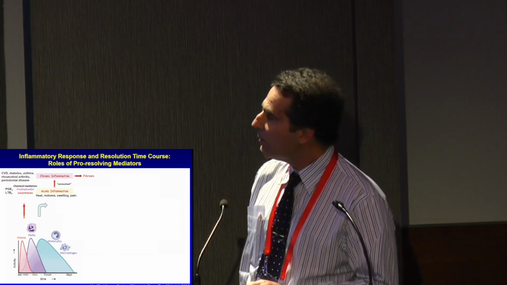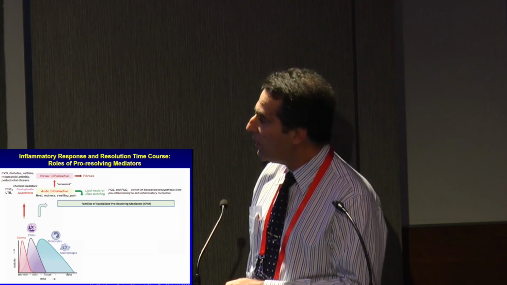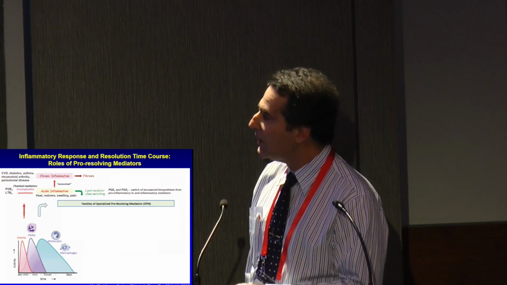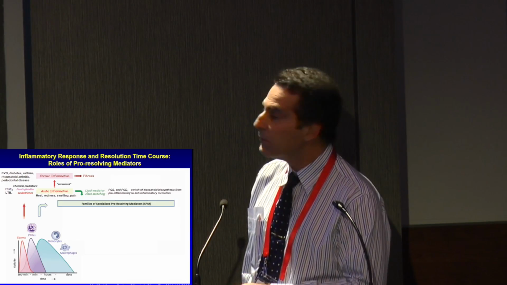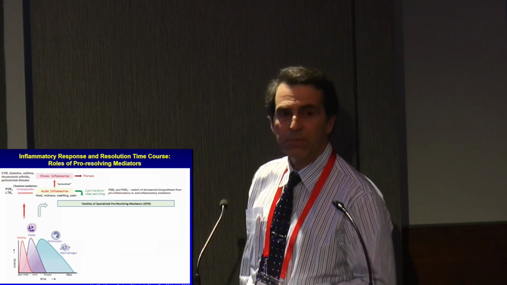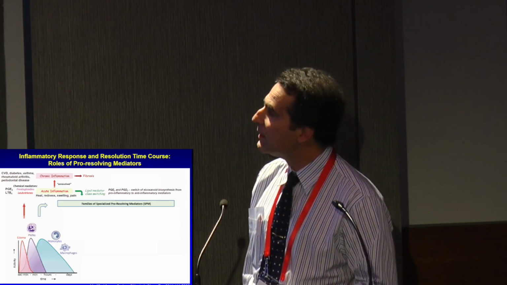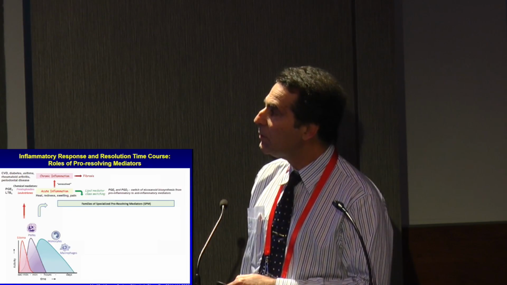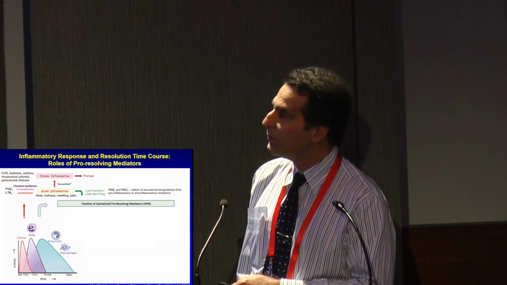What we now know, however, is that over a period of hours and I guess days, these same cells that can generate the pro-inflammatory lipid mediators can undergo what's called lipid mediator class switching.